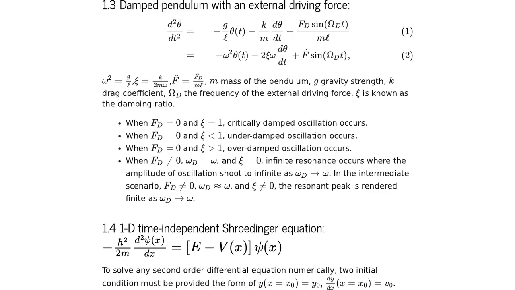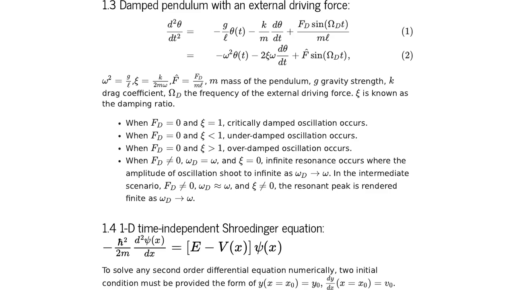This single equation captures rich physical behaviors like critically damped, underdamped, or overdamped oscillations depending on the damping ratio zeta, and resonance phenomena when the driving frequency omega sub d is close to the natural frequency omega. Another significant second-order ODE in physics is the one-dimensional time-independent Schrödinger equation, which describes quantum mechanical systems.